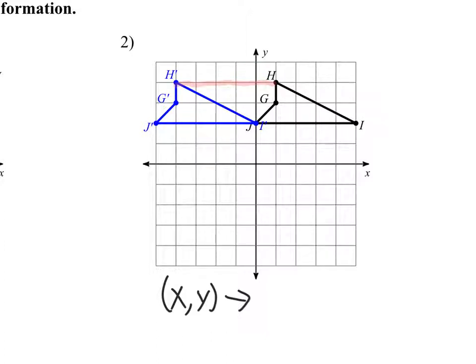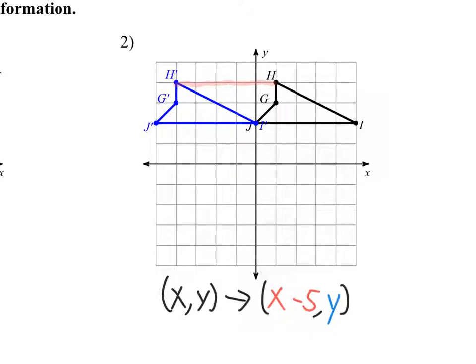So in the x direction, I had to go back 5 places. Now for my y direction, I don't have to go up or down on this one. So nothing is changing about y. I could do y plus 0, but I'm just going to call it y and be done because nothing changed from one y to the next.